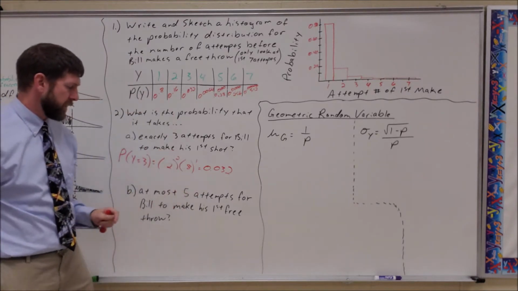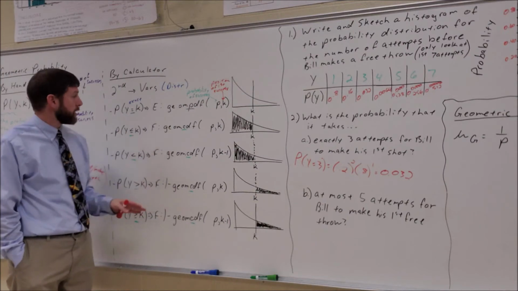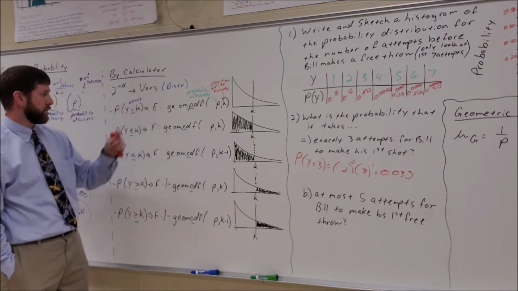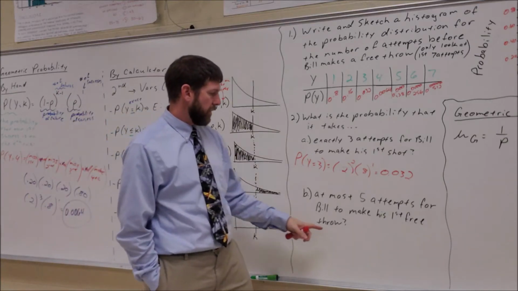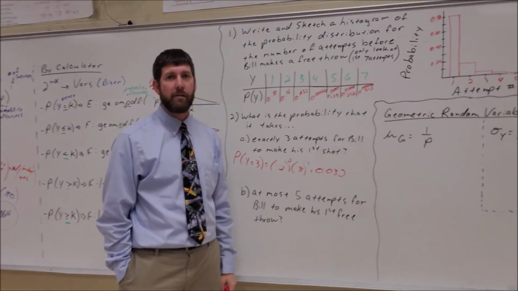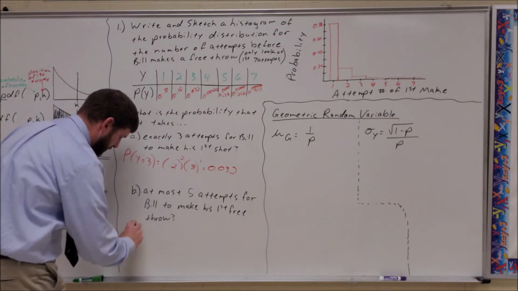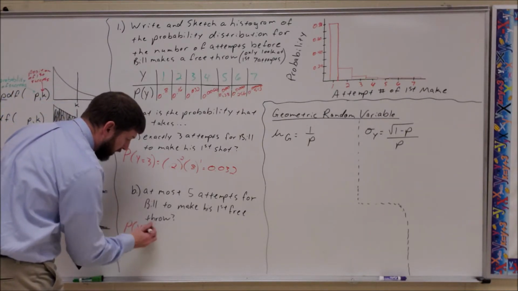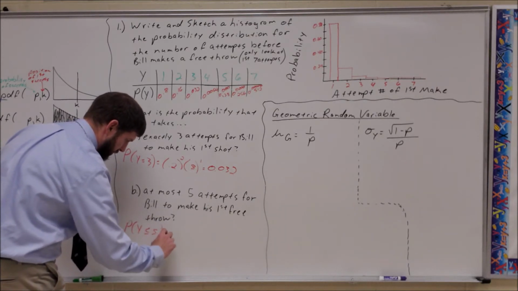All right, I want you guys to take a minute. Using the calculator features that we talked about, so 2nd Vars going into your distribution menu, grab a geometric CDF. Find the probability that y is at most, meaning less than or equal to, 5.